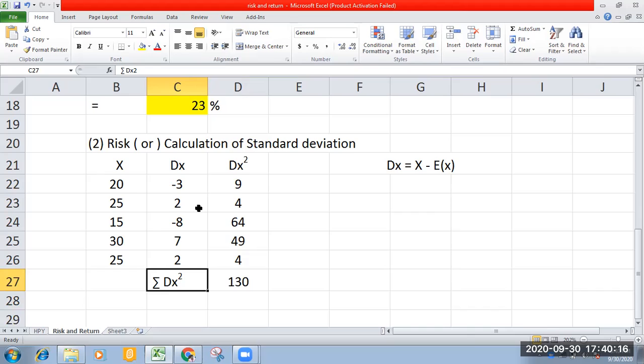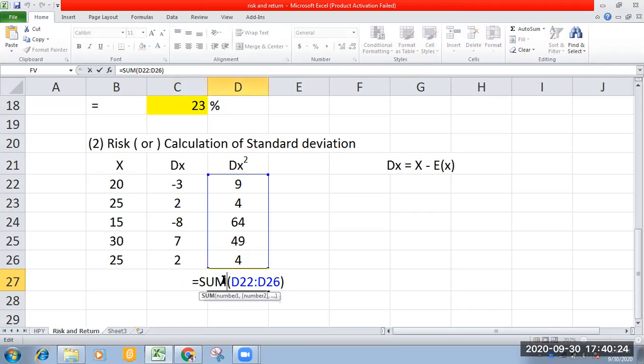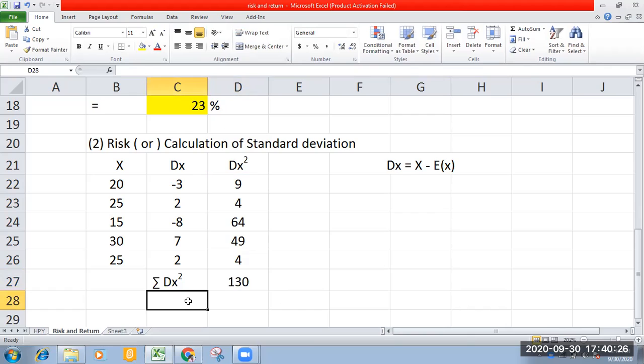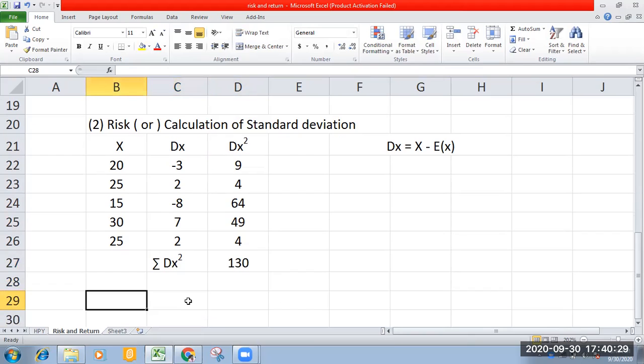Sigma dx square is equal to 130. Now we have the formula for standard deviation.